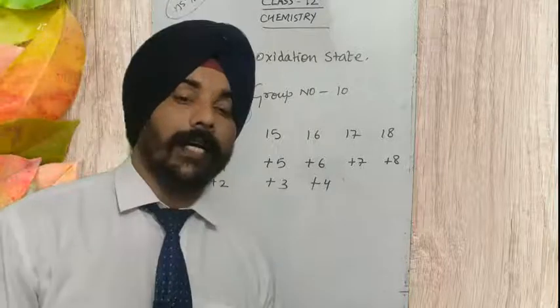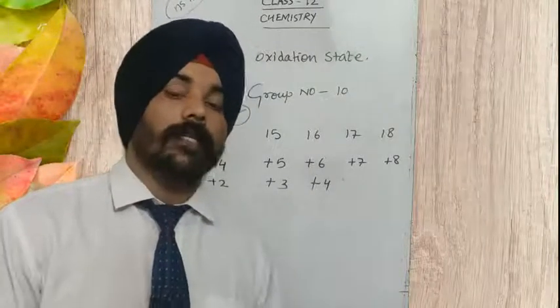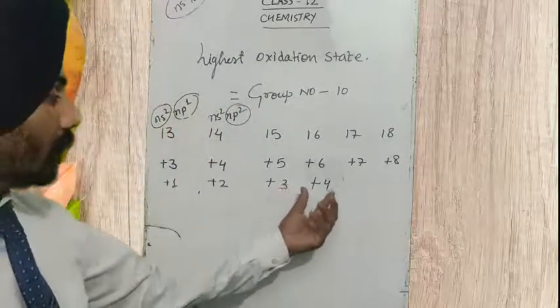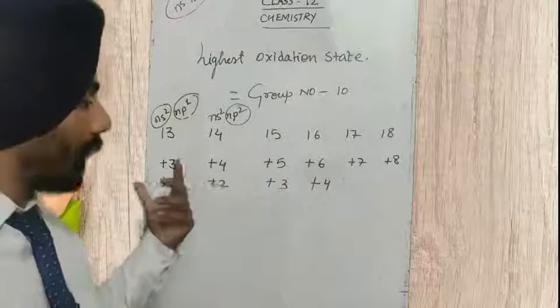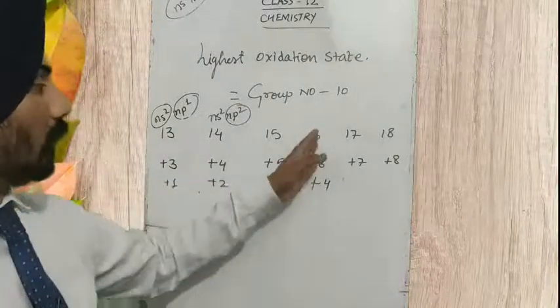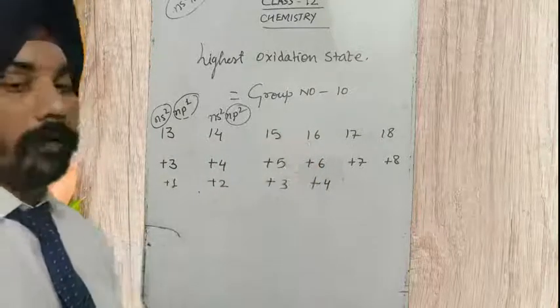The reluctance shown by the ns electrons to participate in bonding is called the inert pair effect. Due to the inert pair effect, we can see the lowest oxidation state from group 13 to group 18, although actually this works till group 16.